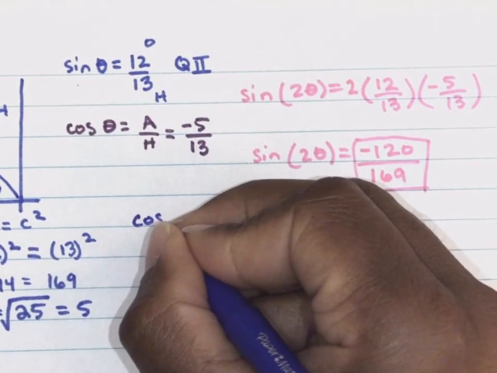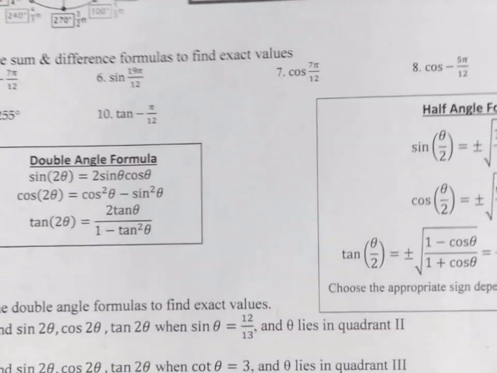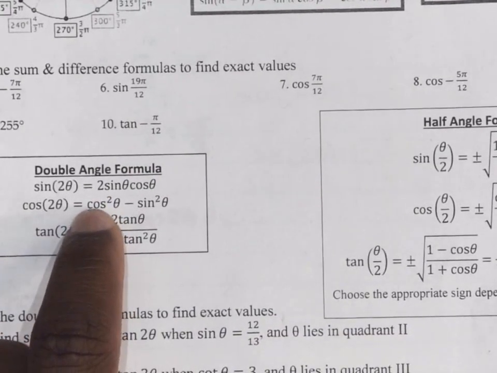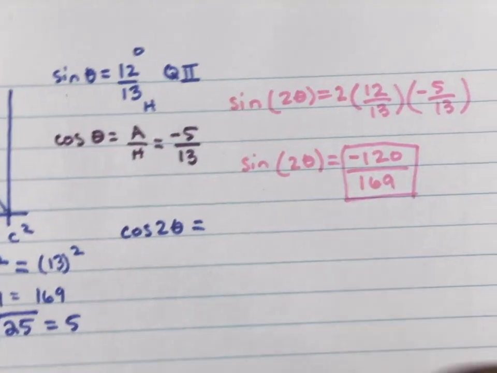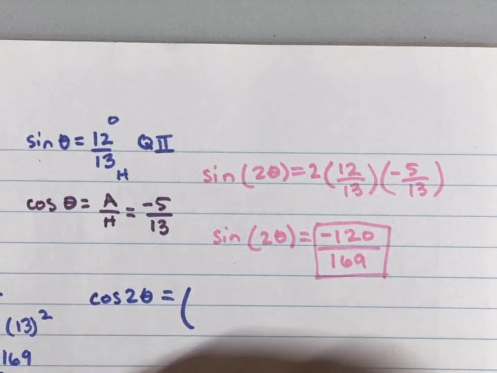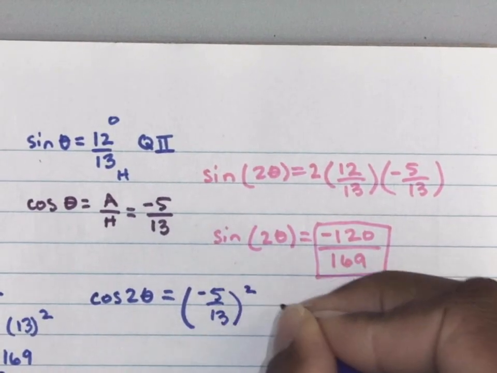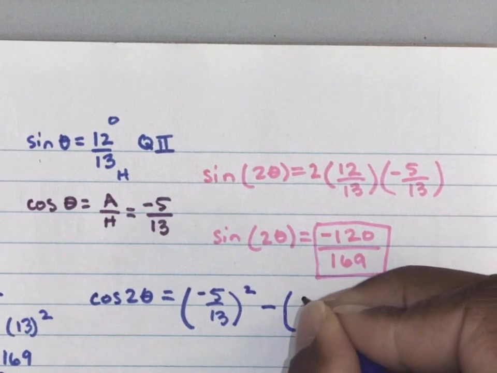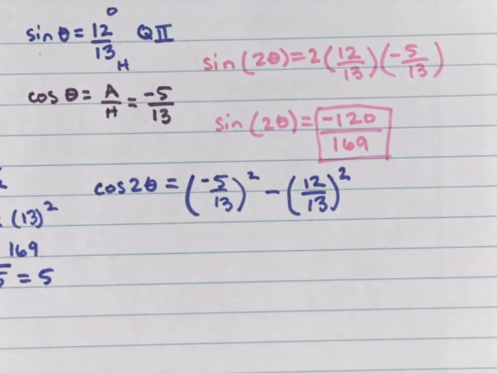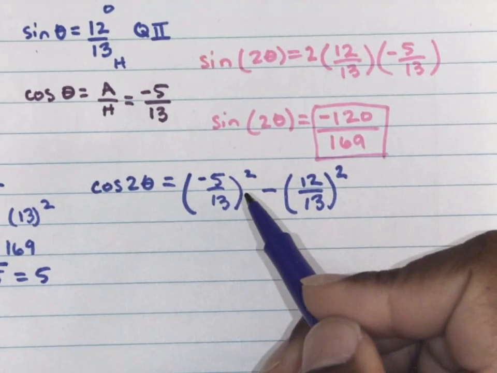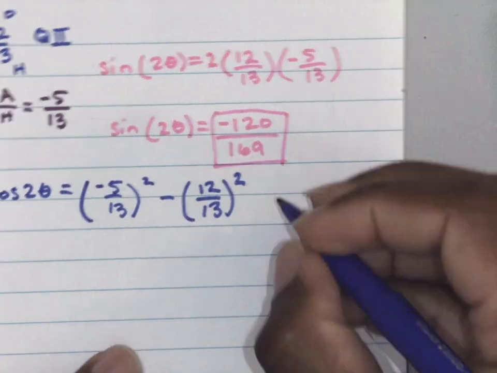Cosine double angle. From this formula, we'll take cosine's exact value, square it, and then we'll subtract sine's exact value squared from it. So cosine's exact value is -5 over 13. We'll square it, and then we'll subtract sine's exact value, 12 over 13, after we square it. Okay, so remember, when you square a fraction, you square the top and the bottom of the fraction.